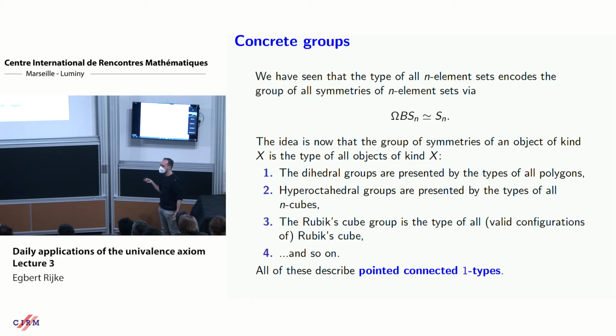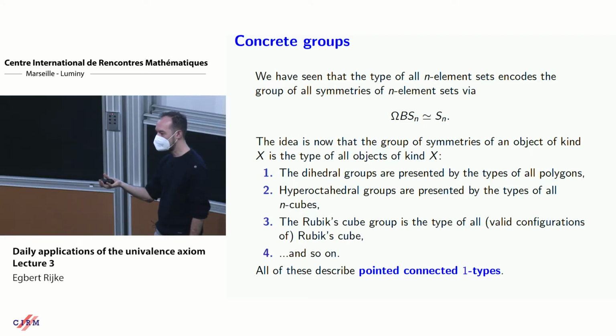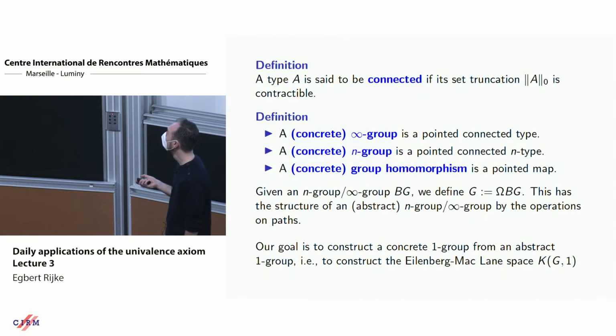So in principle, this is something that you can do. I do not claim that I've done it, but the point here is that we want to take as our definition of a group the type of pointed connected types, just to connect with this idea that a group should be symmetries of something, namely the base point of the pointed connected type.